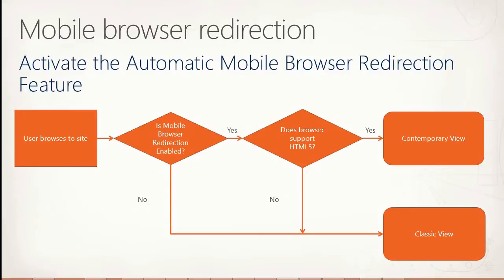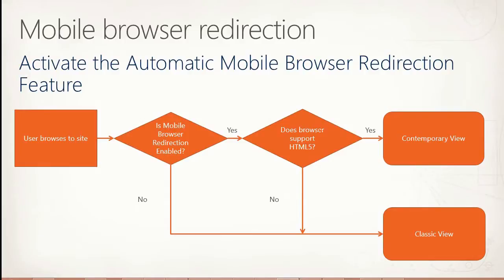When a user browses to your site, as you look in the flowchart I have here on the slide, if you've turned on the mobile browsing redirection feature, then SharePoint will redirect the user to the second decision point in our flow diagram here, and it will check to see if the browser on your device supports HTML5.